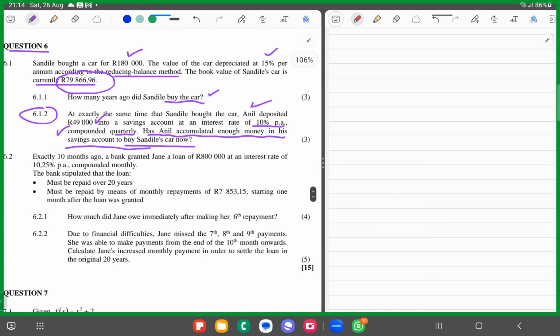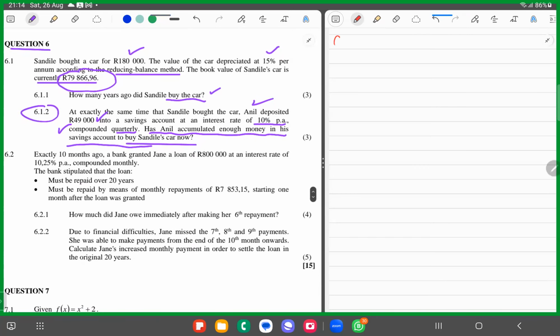Okay, so we're looking at the next question. Right, so 6.2, then looking at 6.2.1. Exactly 10 months ago, a bank granted Jane a loan of 800,000 at an interest rate of 10.25% per annum compounded quarterly.